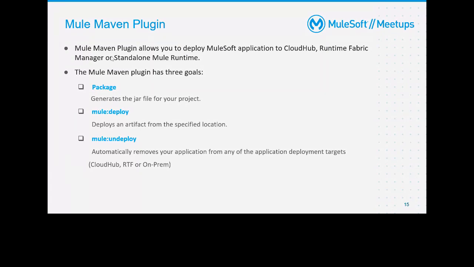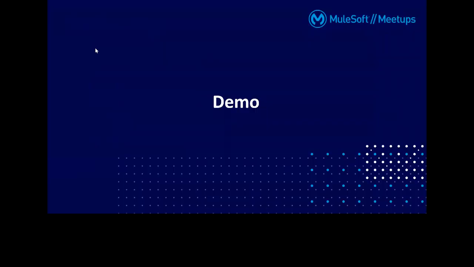Then the Mule deploy command deploys that artifact into the specified location, and the jar is uploaded and deployed. And Mule undeploy lets us also undeploy using the Mule Maven plugin command.